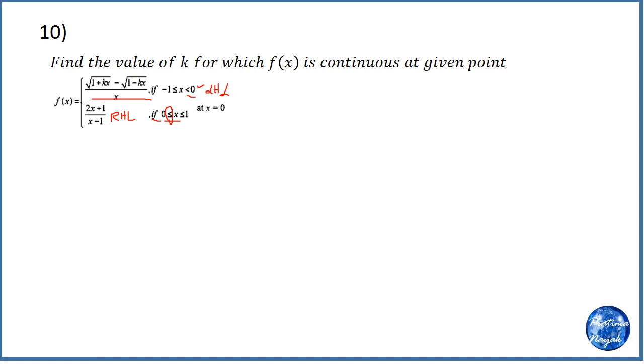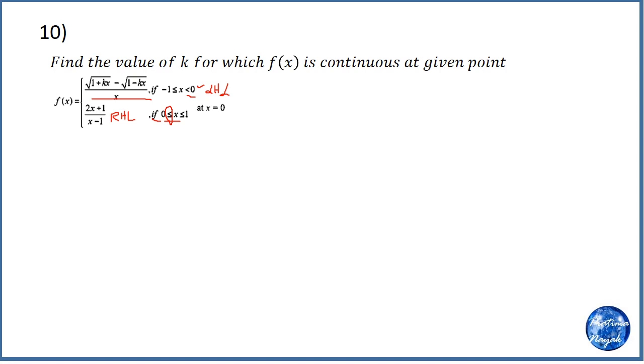Less than 0 means this is LHL. And this is greater than 0. You are not taking 1 only, you will test at 0 and 0. So greater than 0 means this value is RHL. You will put this for RHL, and this is LHL, and it is given to be continuous.